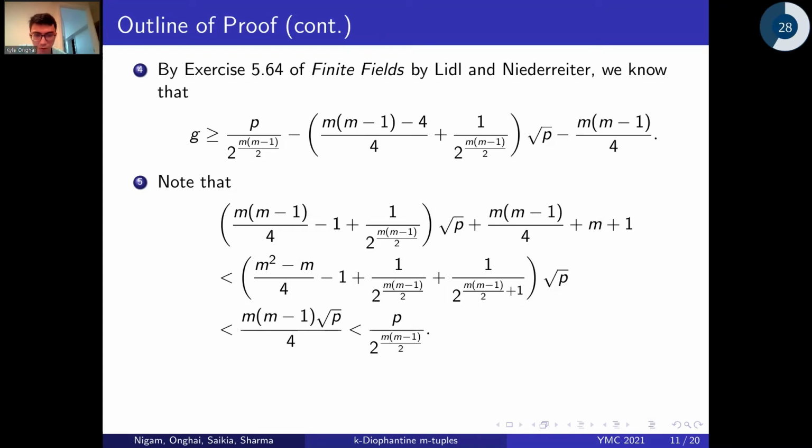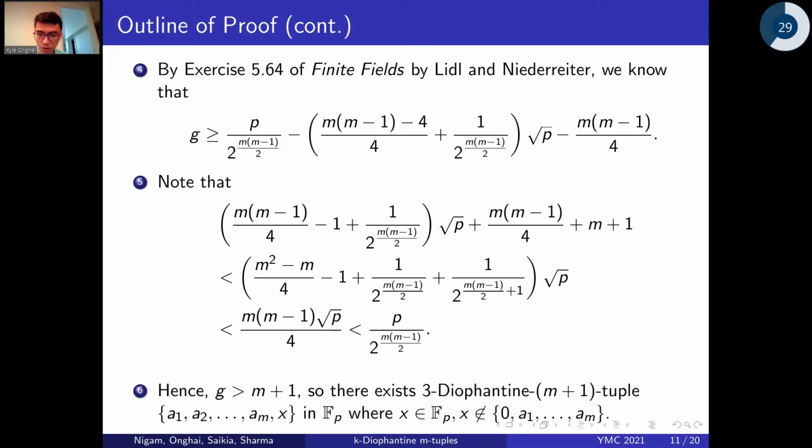Using this bound, some algebraic manipulation, and the inductive hypothesis, we eventually get this series of inequalities, which shows that G is greater than m+1, and so there's a 3-Diophantine (m+1)-tuple in Fp, namely the elements of the assumed 3-Diophantine m-tuple with a new x appended, where x is in Fp and is not 0 or any of the other elements of the assumed 3-Diophantine m-tuple.